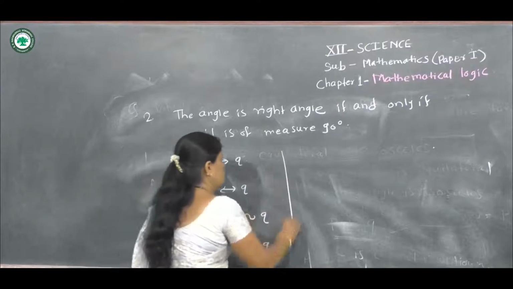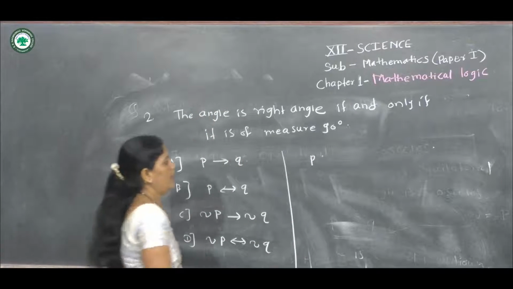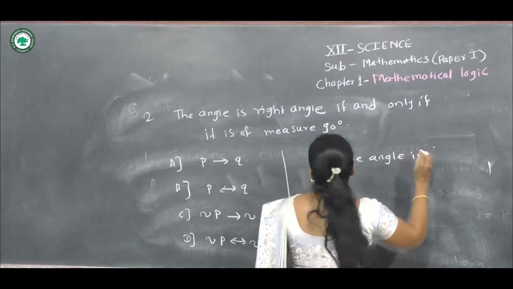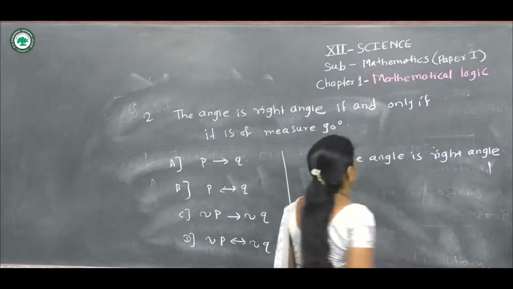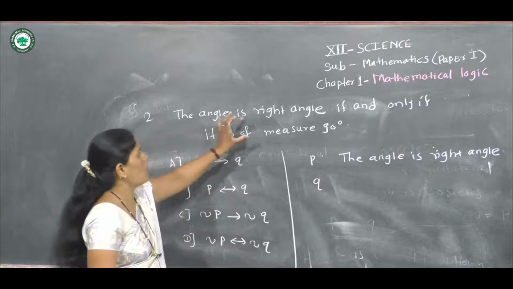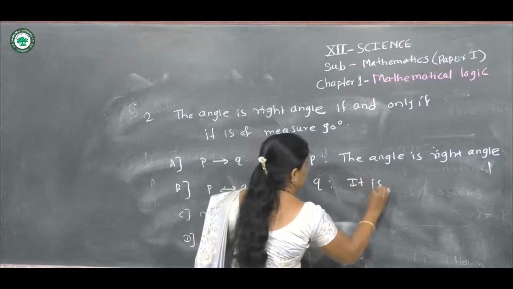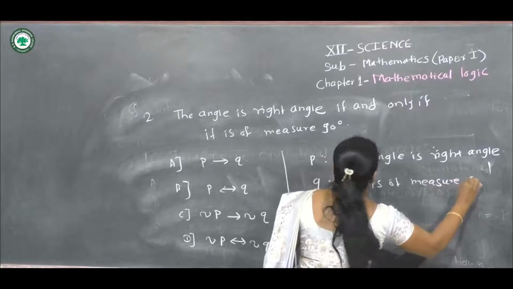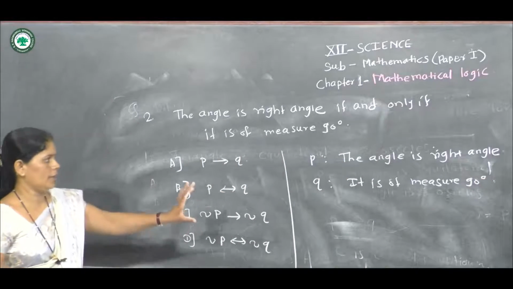First, P is: the angle is a right angle. Q is: it is of measure 90 degrees.